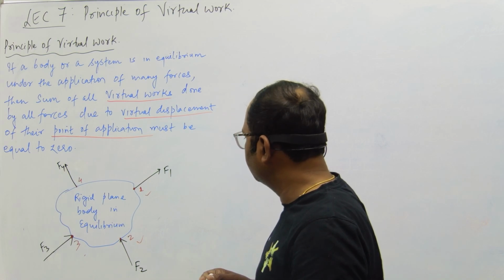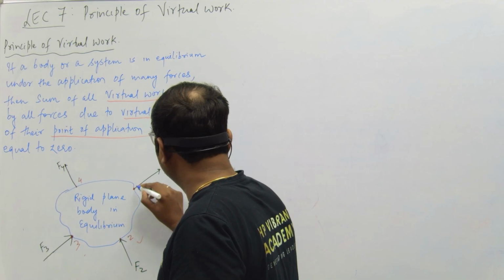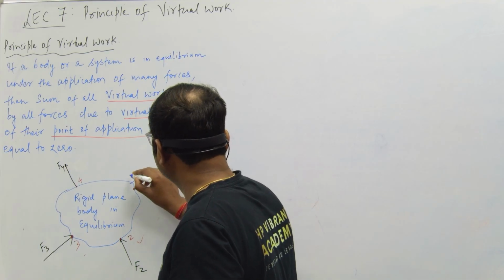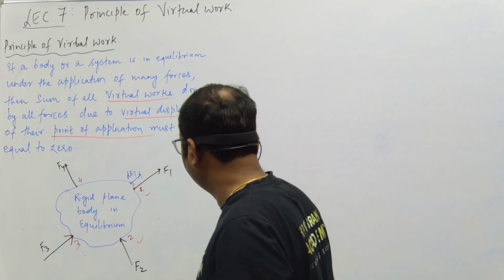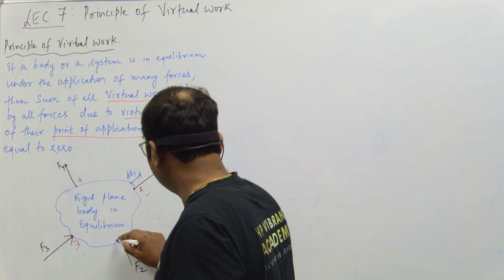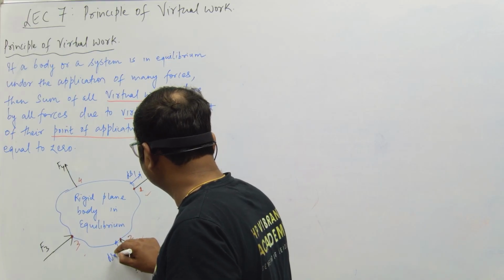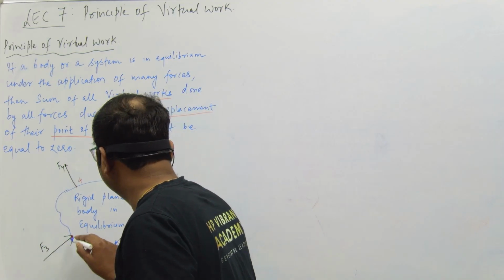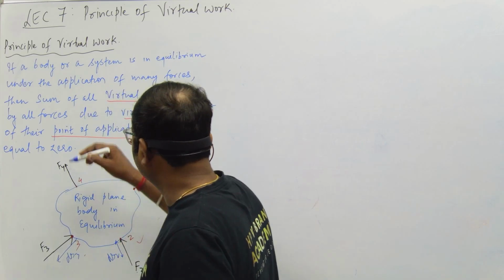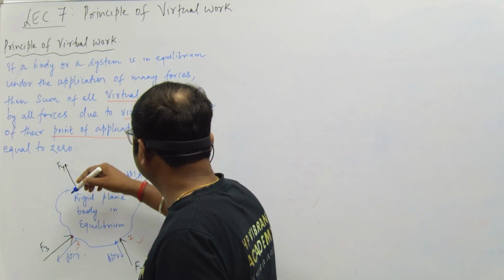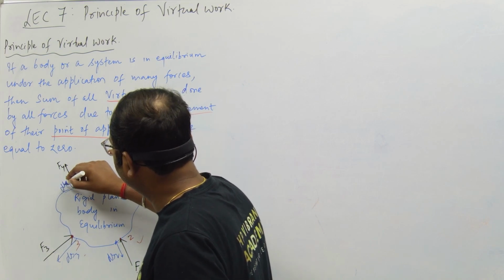Let us consider the displacements. At point 1, the displacement ds1 is in the direction of force F1. At F2, the displacement ds2 is in the opposite direction of the force. Similarly for F3, the displacement ds3 is in the opposite direction. At point 4, the displacement ds4 is in the direction of force F4.